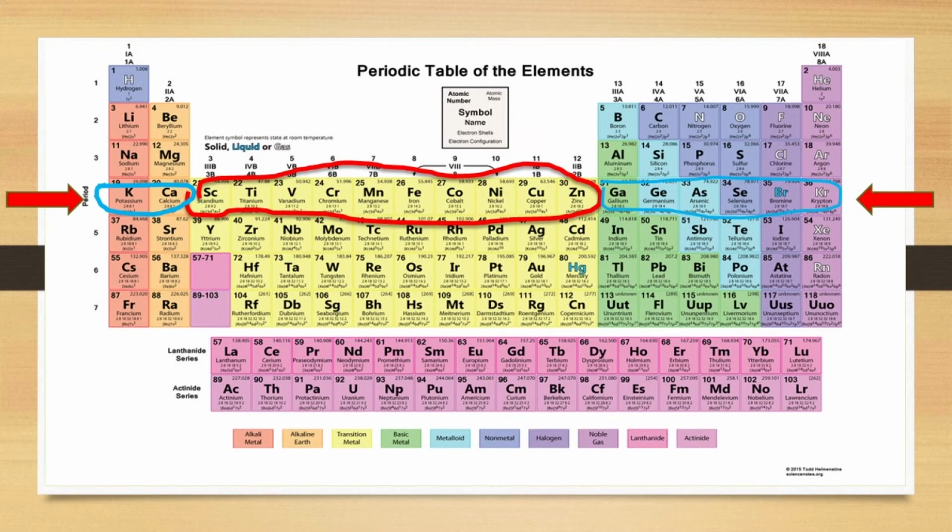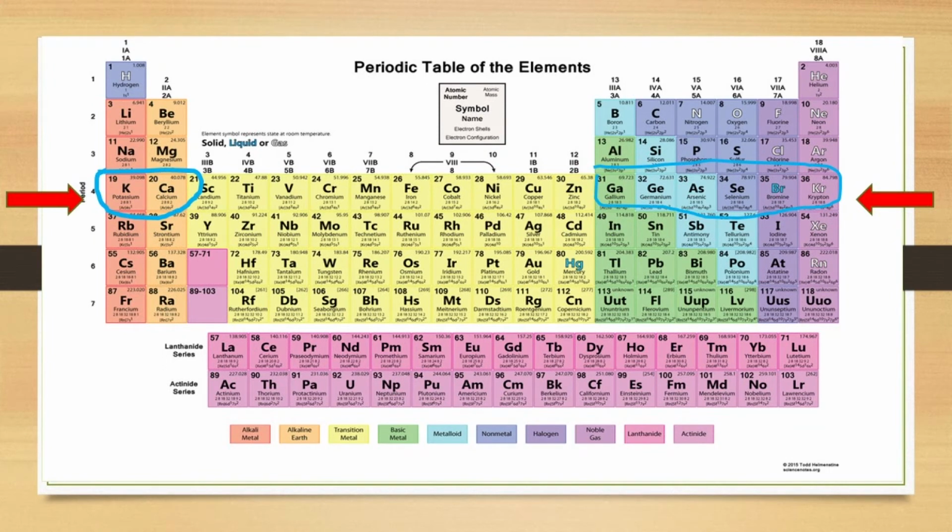We shall move on to the fourth period. This fourth period contains 18 elements, from potassium to krypton. Their atomic numbers are from 19 to 36. This fourth period contains 8 normal elements and 10 transition elements. So what's the difference between normal elements and transition elements?